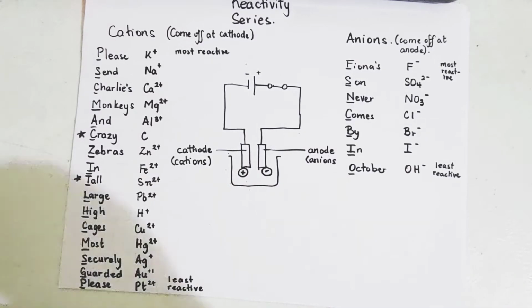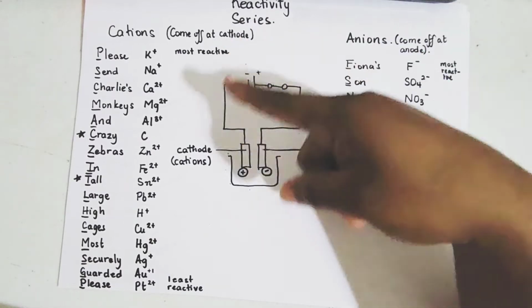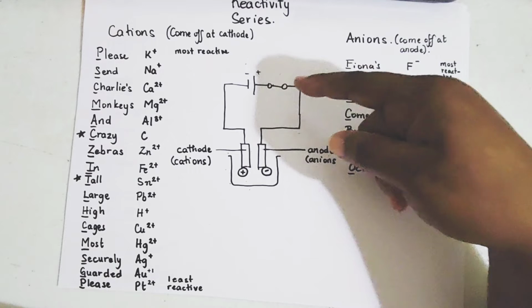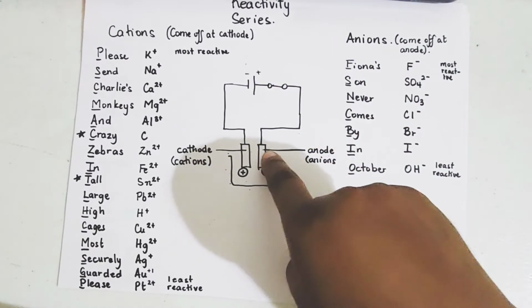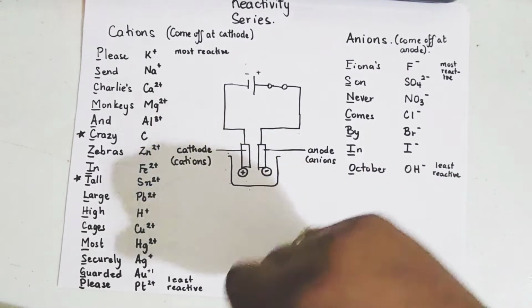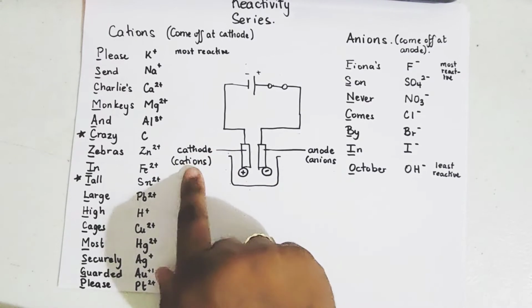What I want you to also note, and I have the drawing right here, is the drawing representing the electrolytic cell. Please note that again the anode is positive, so the negative ions will be attracted to it. And then we have the cathode, which is negative, so the positive ions will be attracted to it.